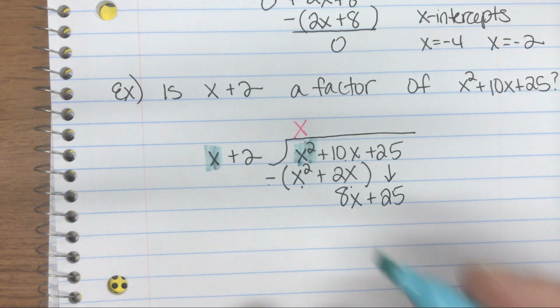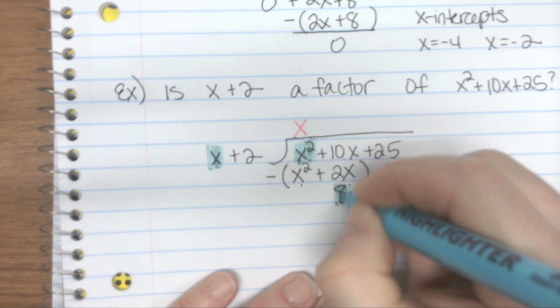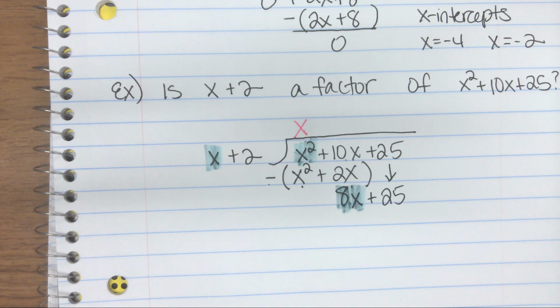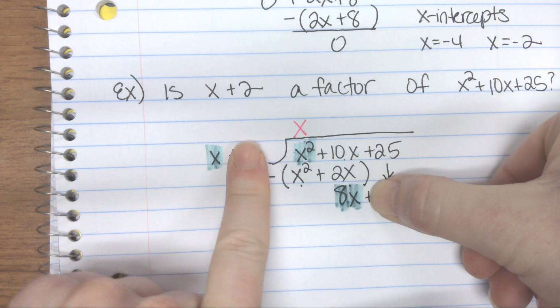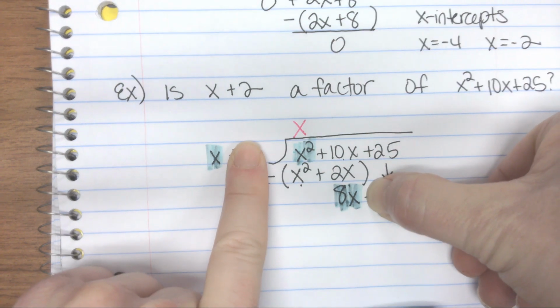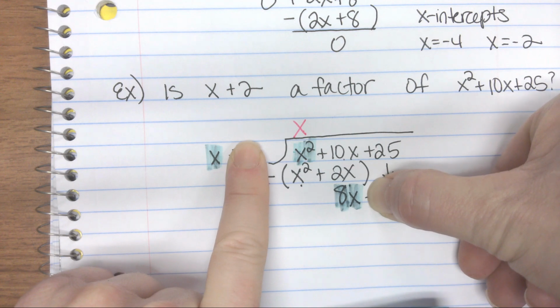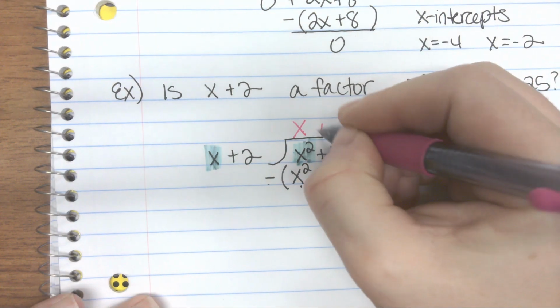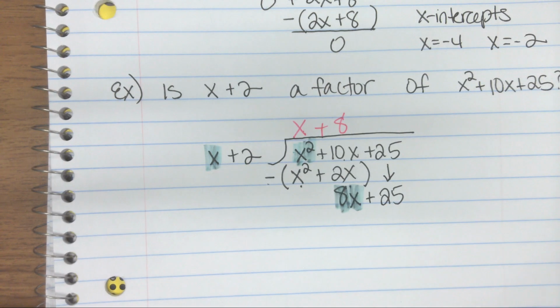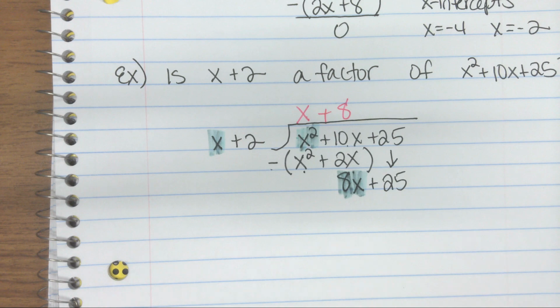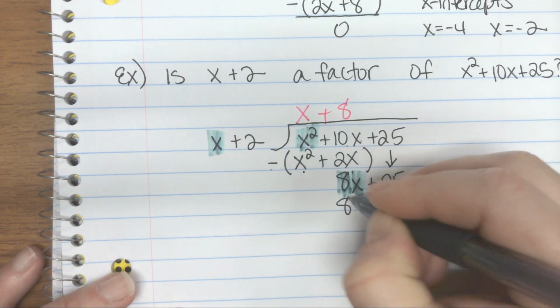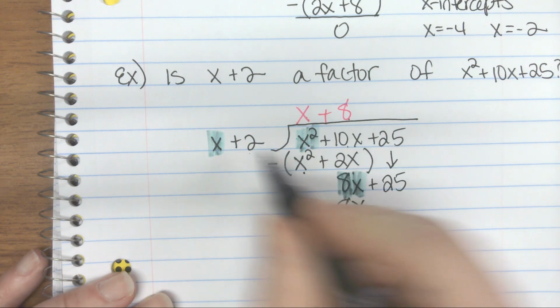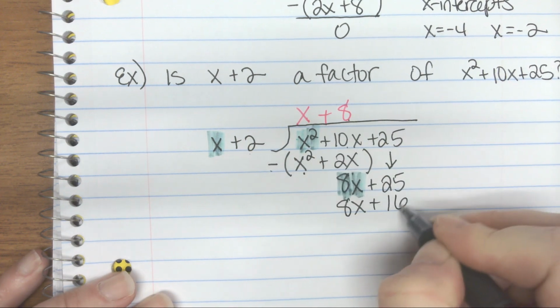Now we're going to do 8x divided by x. What's 8x divided by x? 8. Write down an 8. All right, so we have 8x. 8 times 2 is 16.